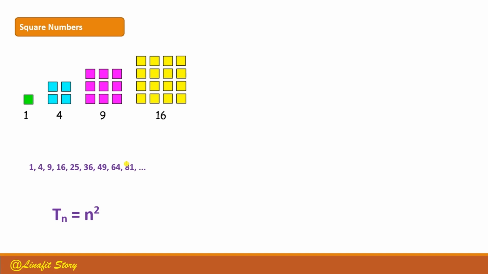So the next number is made by squaring where it is in the pattern. So for example, the fourth term is 16. So 4 squared is equal to 16. So the general rule for square numbers is Cn is equal to n squared.